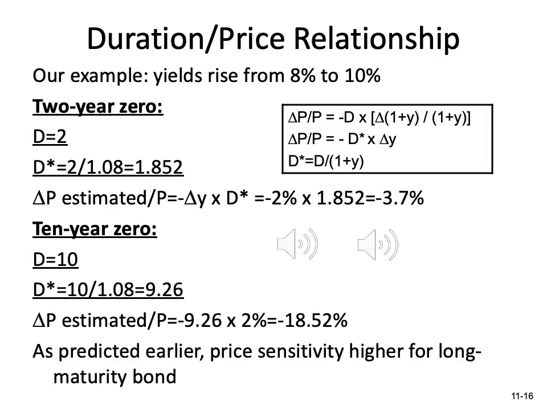As predicted earlier, the price sensitivity is higher for the long-term maturity bond. As you can see, for the same 2% increase in the yield, the 2-year zero coupon bond price dropped by only 3.7%, while the 10-year zero coupon bond price dropped by 18.52%.